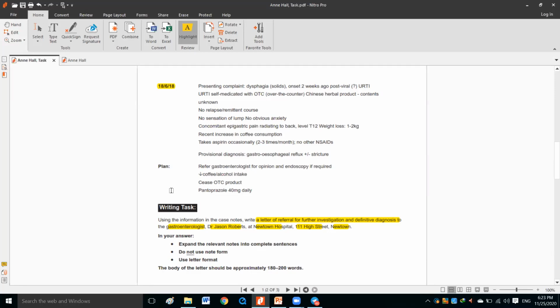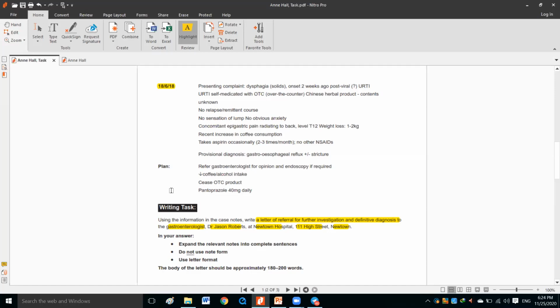No relapse or remittent course, no sensation of lump, no obvious anxiety, concomitant epigastric pain radiated to the back, level T12, weight loss 1 to 2 kilo, recent increase in coffee consumption, take aspirin occasionally 2 to 3 times per month, no other non-steroidals.